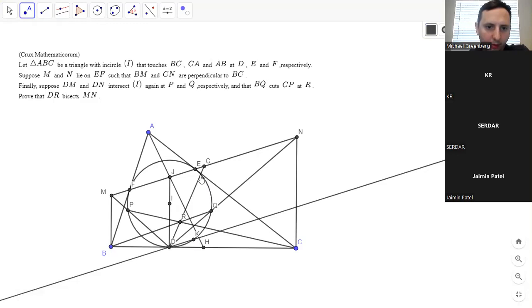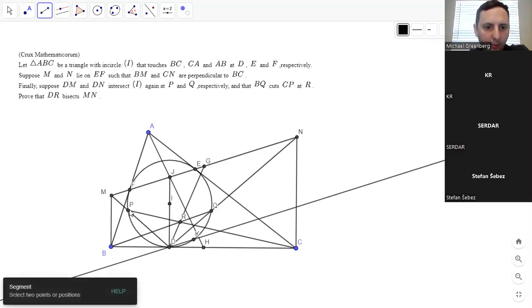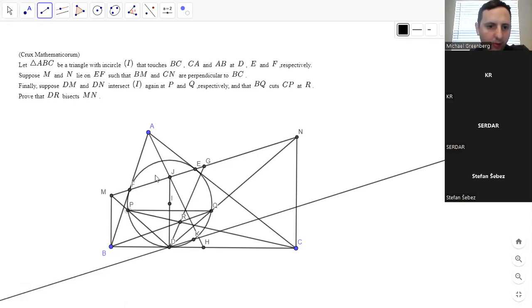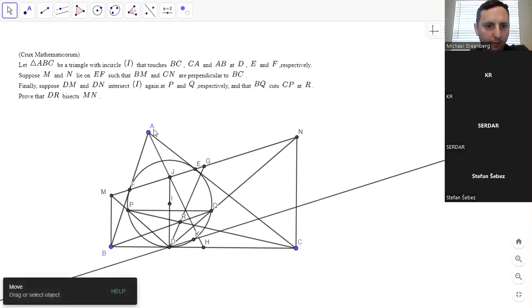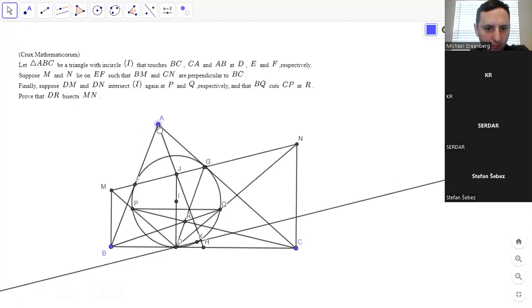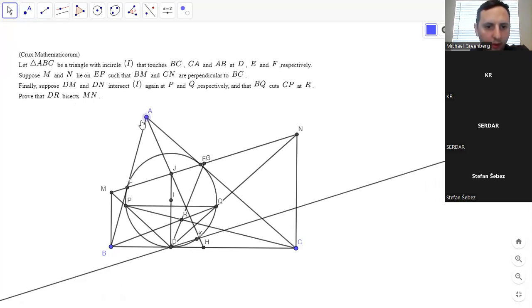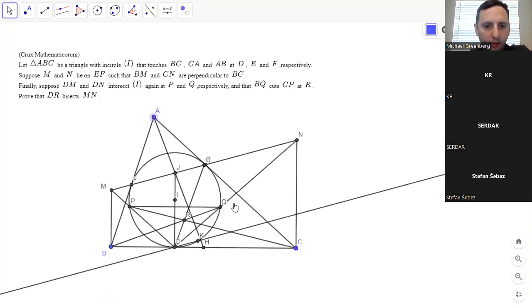But then I would need to draw this point too, which maybe looks like PQ is parallel to BC. You might be right. I didn't think it was when I saw this earlier, but maybe you're right. And this configuration looks very familiar. I think we did some problems similar to this.